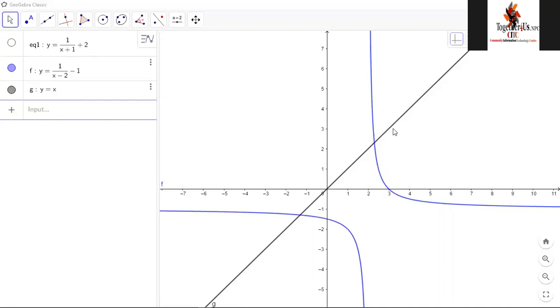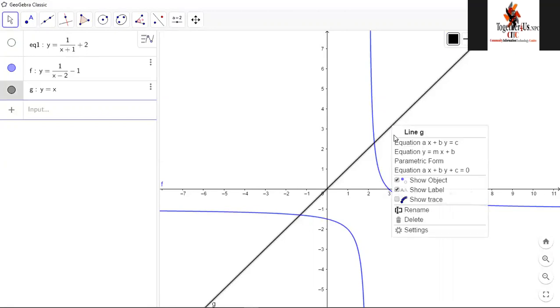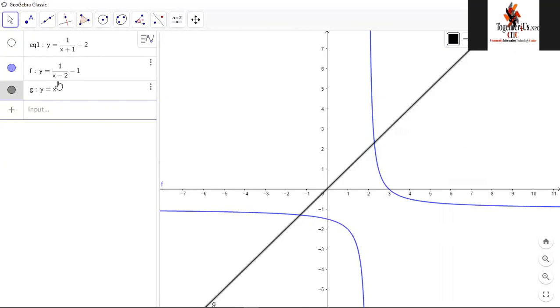I've plotted here the line y equals x, a line of reflection. It is g, y equals x. Now I'm going to show you one amazing thing that happens when I reflect this hyperbola about this line y equals x.